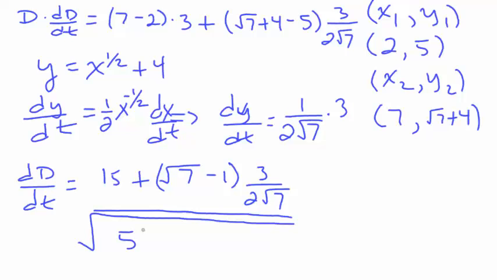So this is 5 squared plus, and then this turns out to be our y of 2 minus our y of 1. But then we can reduce this down to the square root of 7 minus 1, and that's quantity squared.